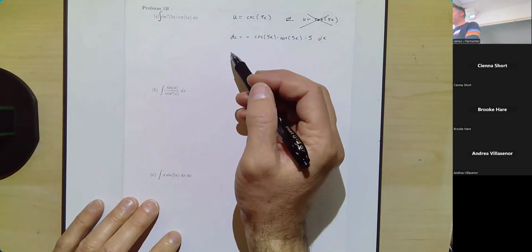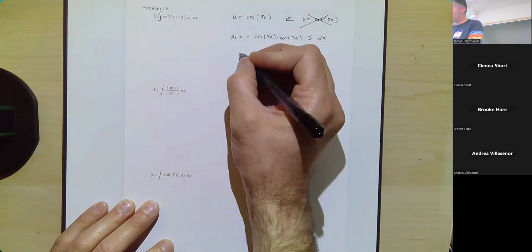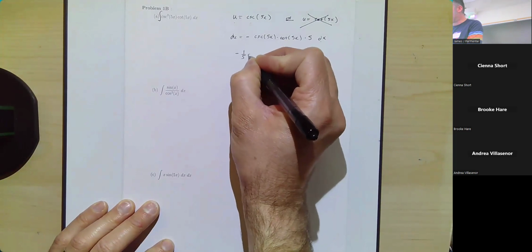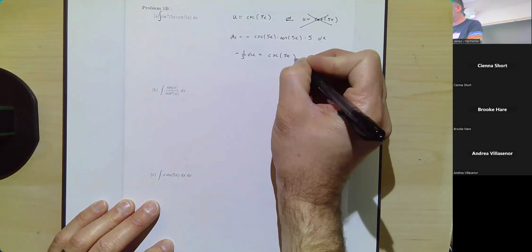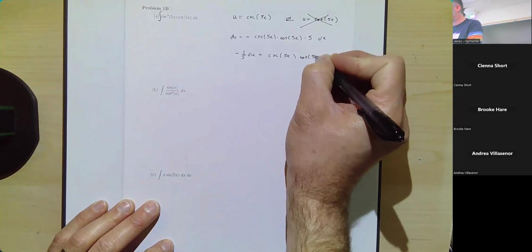So here's what I would do. I would do a little manipulation over here. I would say that negative 1/5 du is equal to positive cosecant of 5x times cotangent of 5x dx.